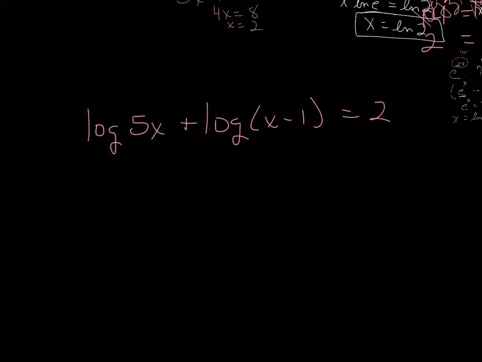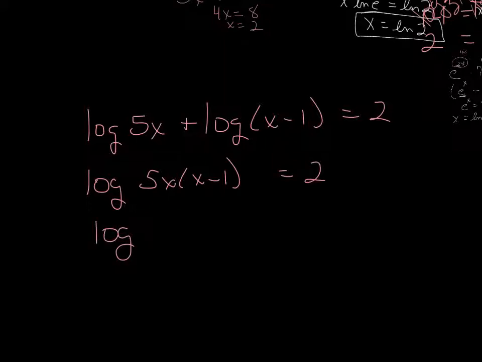What does that plus mean we do? You multiply. So we're going to have the log of 5x times x minus 1 equals 2, or the log of 5x squared. Can I go ahead and multiply that out? Yes.